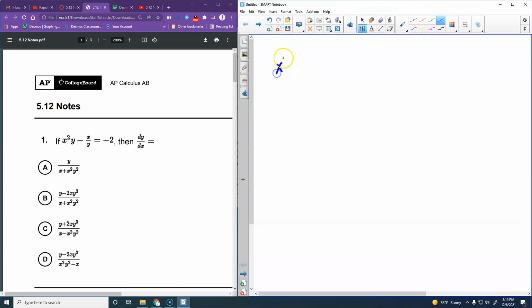So we'll have x squared times the derivative of y, which is dy dx, plus y times the derivative of x squared, which is 2x, minus, we're going to have to use the quotient rule here, put some parentheses here.